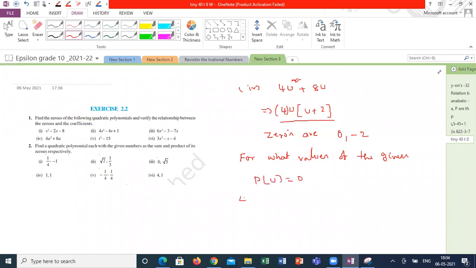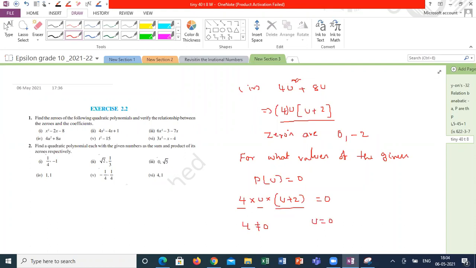Here I got the factors: 4 into u into u plus 2. It should be 0. When can it be 0? It is a product of 3 expressions, so one of the expressions must be 0. 4 can't be 0.